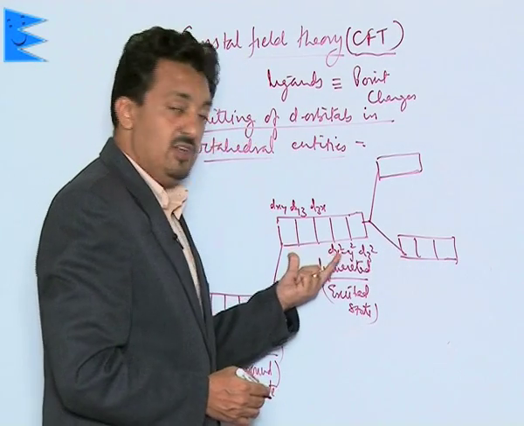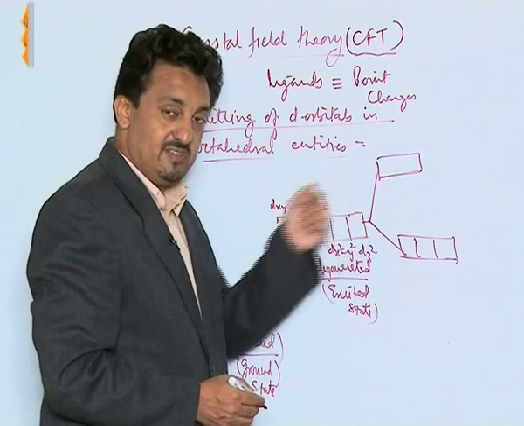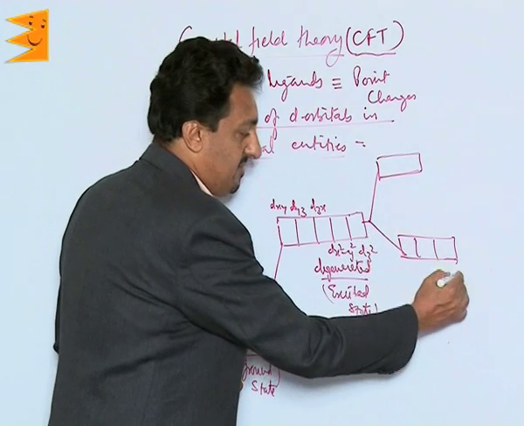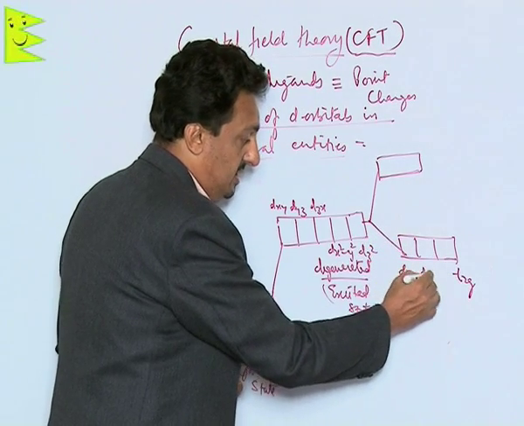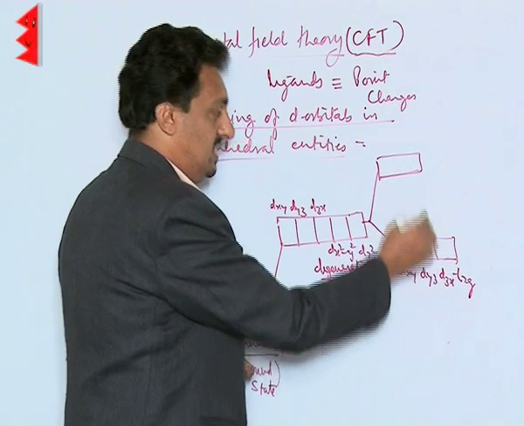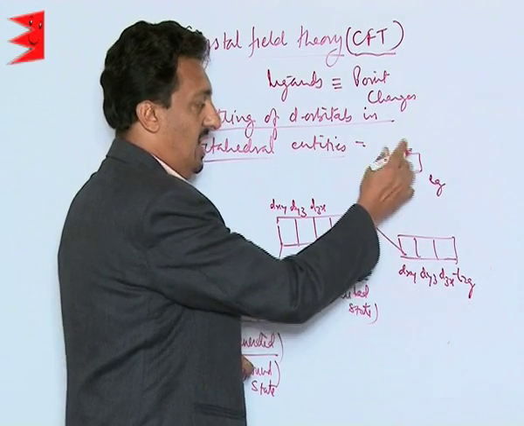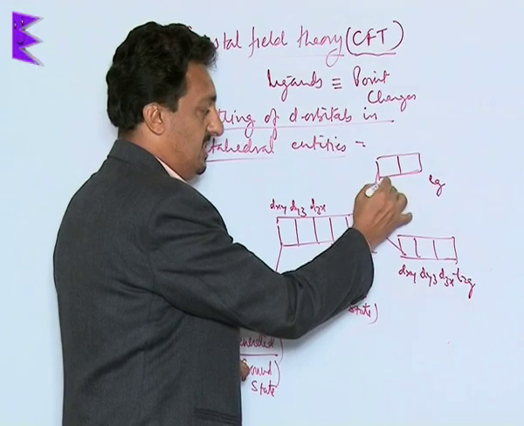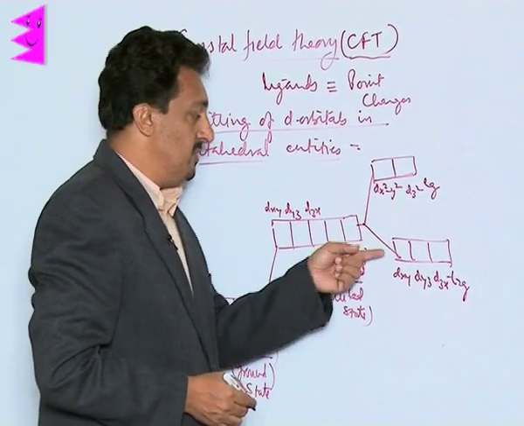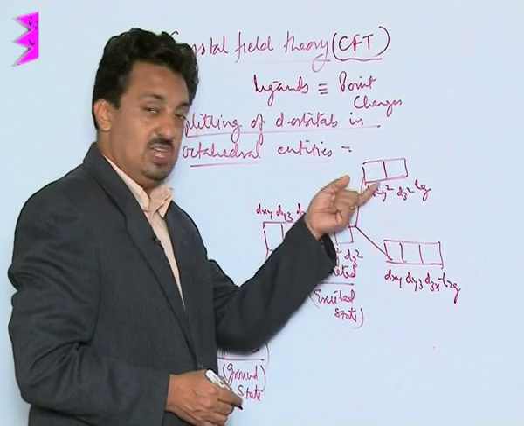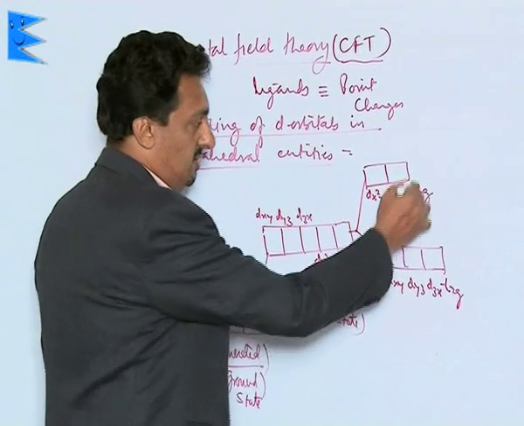So the 5 d orbitals now become non-degenerate. They split up into 2 parts. The lower part is called the t2g orbitals, which have dxy, dyz and dzx, and this is called eg, the higher energy level, which has dx square minus y square and dz square. So this is how the d orbital splits up into t2g and eg levels.